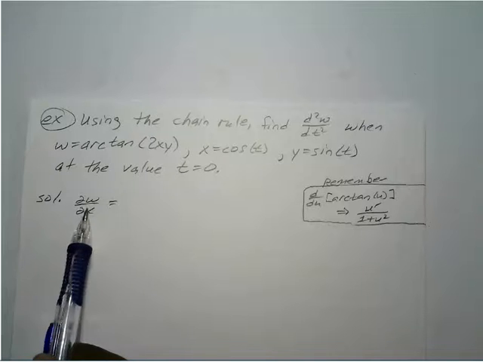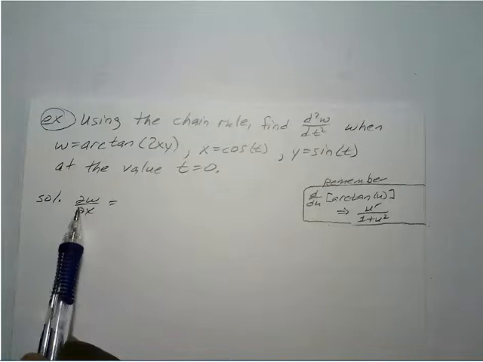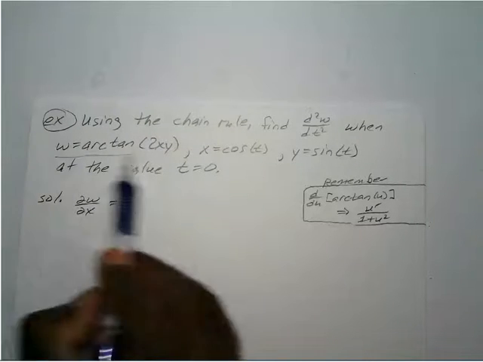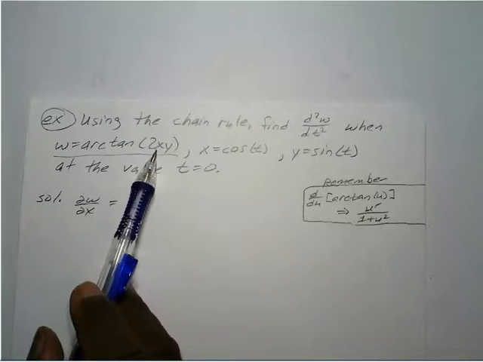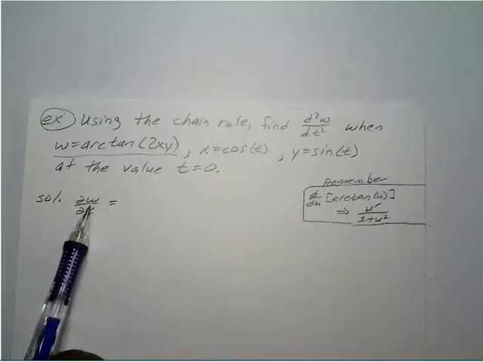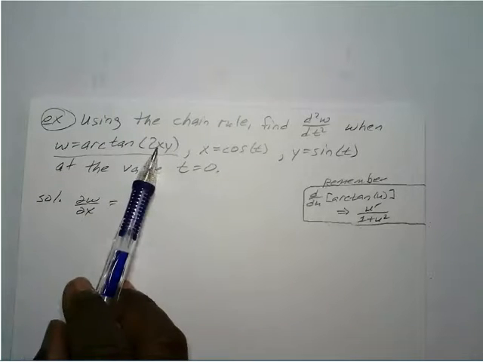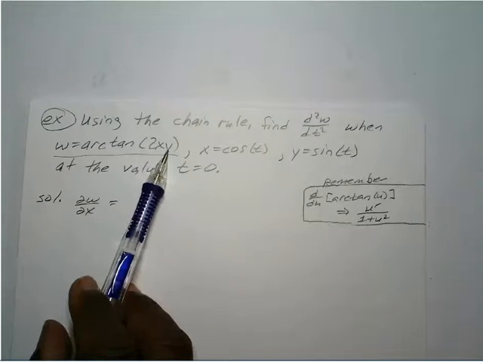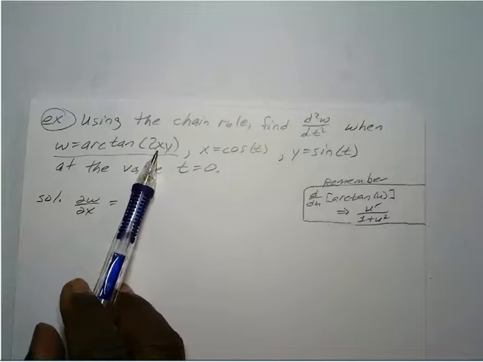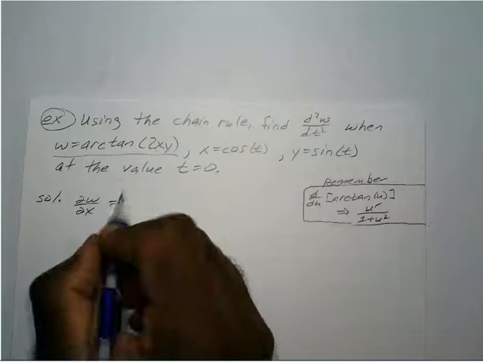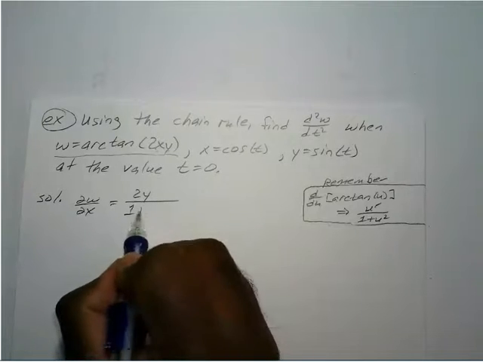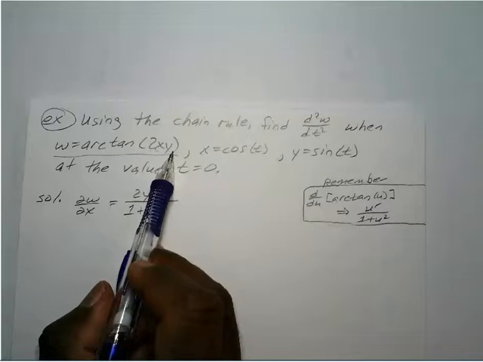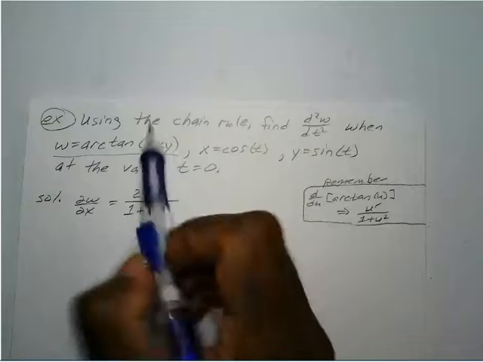So the partial derivative of w with respect to x, our u is equal to 2xy, but we're looking for the partial derivative with respect to x. So if we factor out the 2y, the derivative of x with respect to x is just 1. So we end up with 2y over 1 plus (2xy) squared, which is just 4x squared y squared.